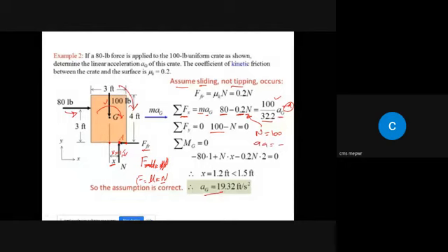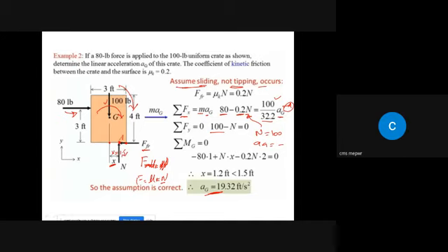So the problem is solved. Now over here we have made one assumption: assume sliding, not tipping, occurs. So now let's check whether this assumption is okay or not. We need to find this x value.